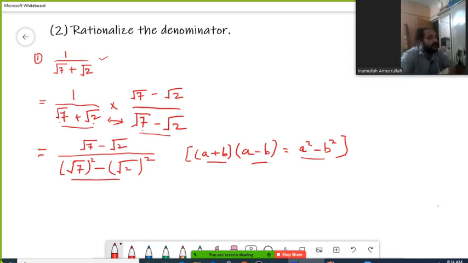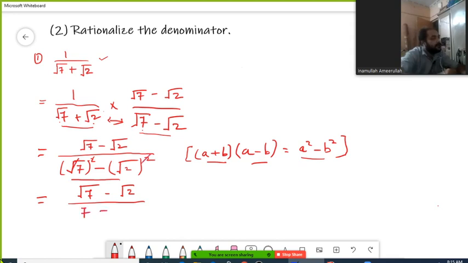What is a? Root 7 can be considered as a and root 2 can be considered as b. So root 7 square minus root 2 square will be your a square minus b square. Now, root 7 minus root 2 upon this; if I square root 7, it will give you 7.